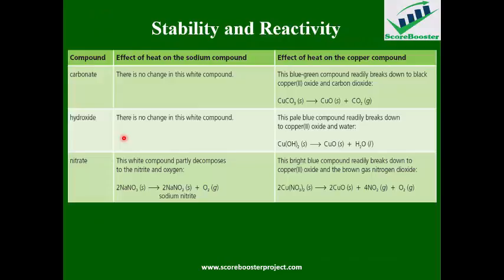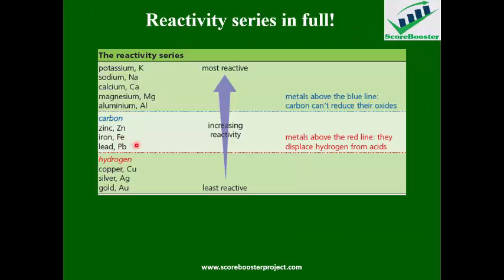Now let's talk about stability in relation to reactivity. Carbonate. Now let's take some compounds. If you have carbonate of some element, how will it affect them? Let's take sodium and copper as an example, because if you look at this now, this is sodium, this is copper.